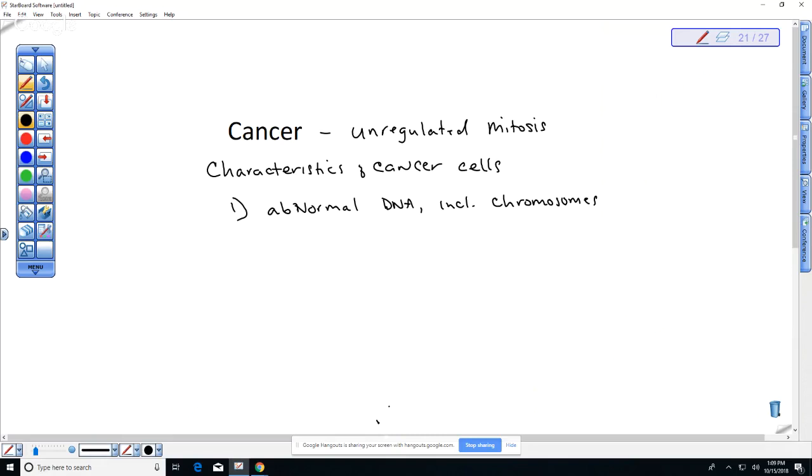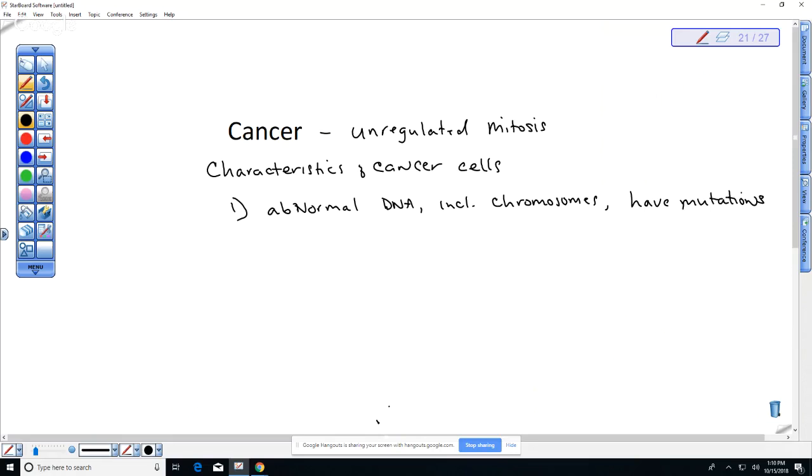So essentially, they have mutations. And chemicals that cause mutations that lead to cancer are called carcinogens. So tobacco smoke is an example of a carcinogen that could cause mutations in the DNA, which could cause the cell to become cancer.